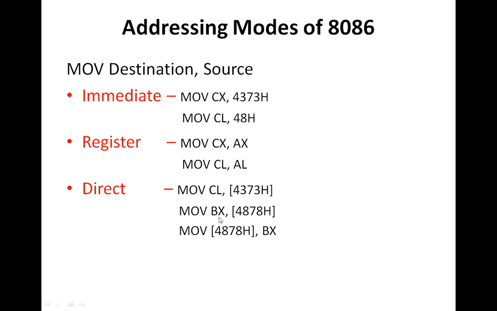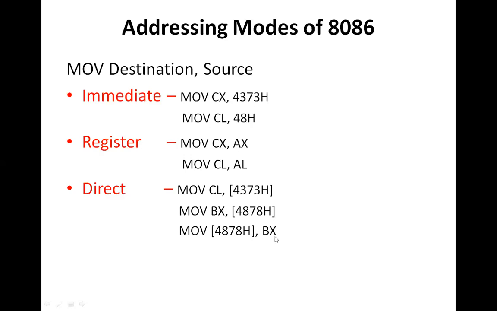copied in BH. Similarly, we can copy the data from the register pair to the memory. Here the destination address has been defined within the bracket as 4878.